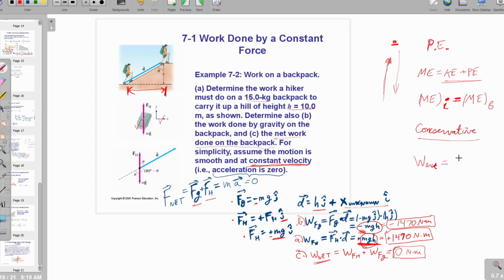It's the integral of force, so in this case some external force, dot dl, where dl is some displacement. And you might remember that for integrals, we're either going to have a definite starting location and final location, in which case we'll go from B to A, or you might have an indefinite integral, in which case there is some arbitrary constant that is going to be thrown in here.